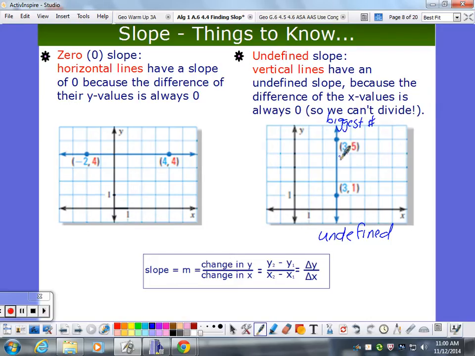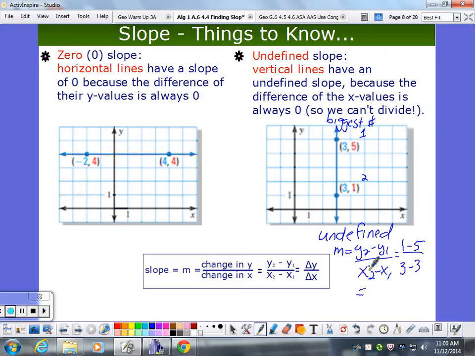Now, what if I tried to use the slope formula here? Let's try the slope formula. So m equals y2 minus y1 over x2 minus x1. If this is point number 1 and point number 2, what's y2, and what's y1? What's my x2, and what's my x1?